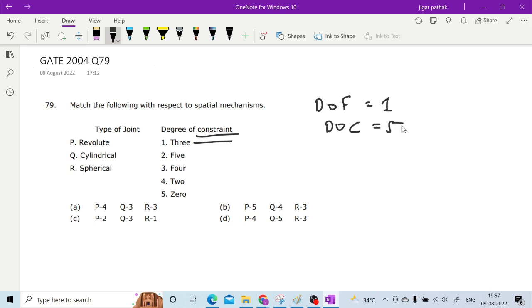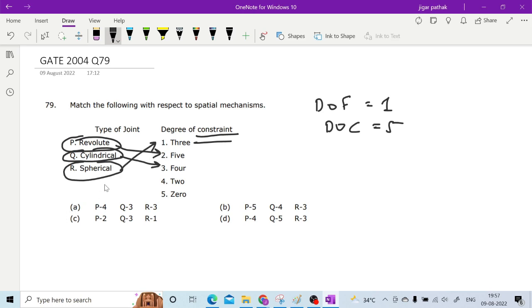In a revolute pair, as we have seen, degree of freedom is 1, so degree of constraint will be 5. Similarly for cylindrical, as that student has told, it is 2 degrees of freedom, so degree of constraint is 4. And in spherical, I have told you 3 degrees of freedom means degree of constraint will be 3.